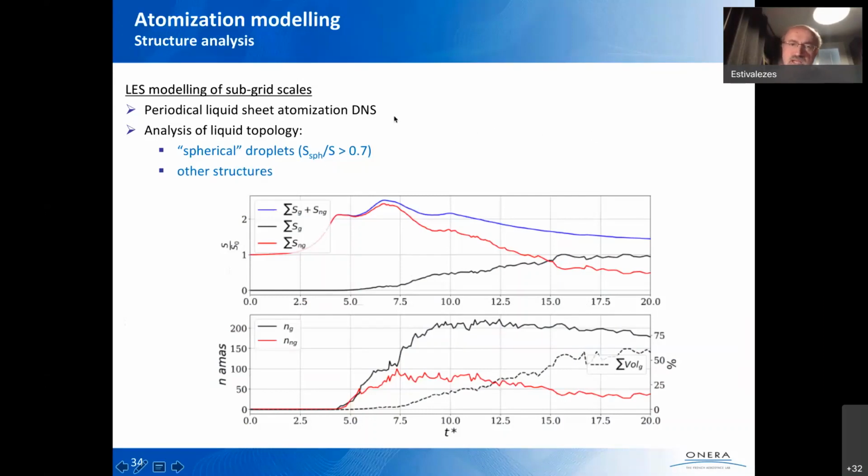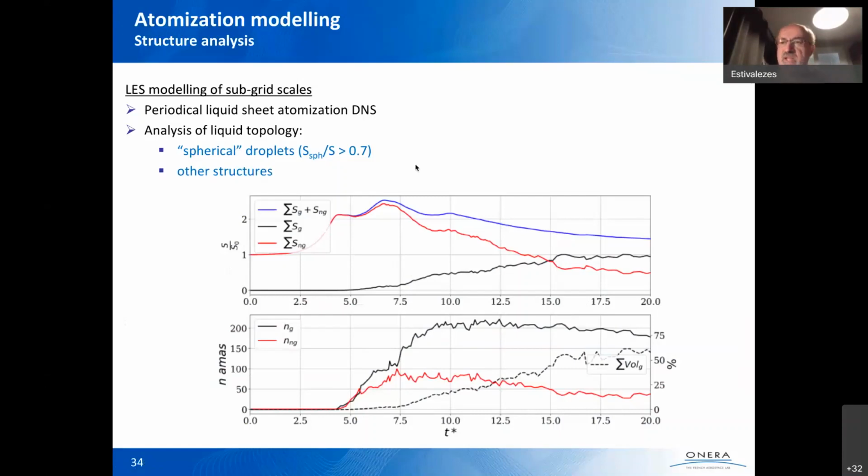So we can have a real history of the liquid atomization. It's interesting in order to classify all the structures depending on parameters like the momentum flux ratio and so on. It's a very hot thing that I present to you, because we are actually working on that.